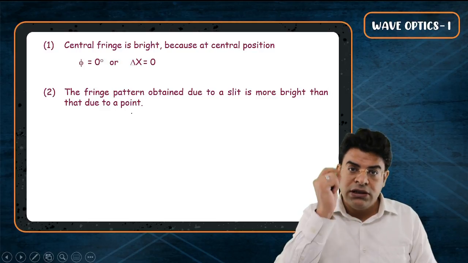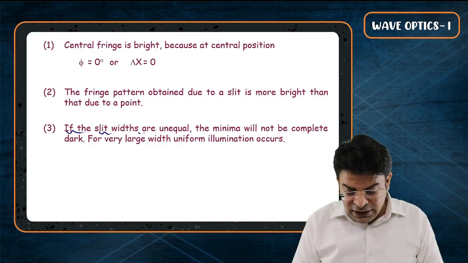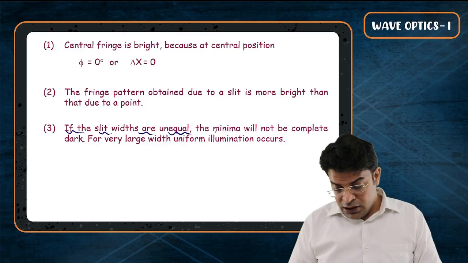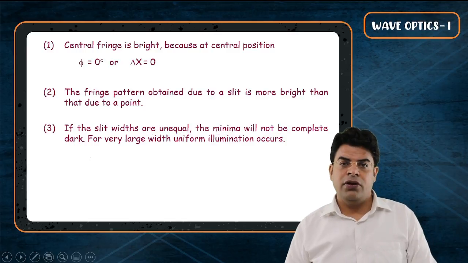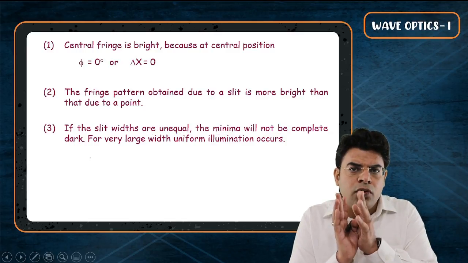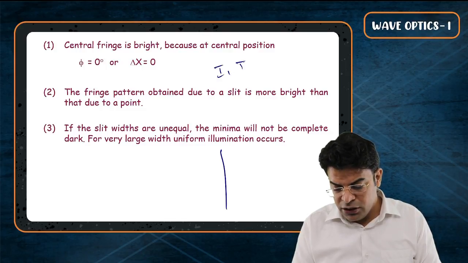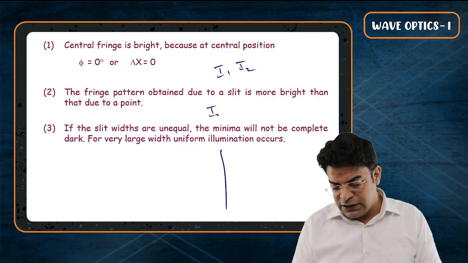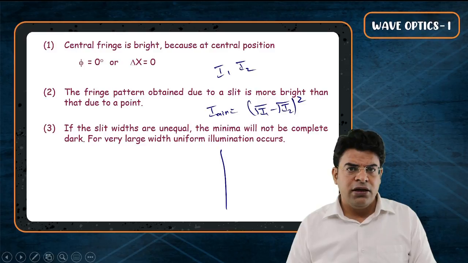The third point, if the slit widths are unequal, the minima will not be completely dark. We know that if you have two waves having intensity I1 and I2, then the minimum possible resultant intensity is nothing but root I1 minus root I2 whole square, right?